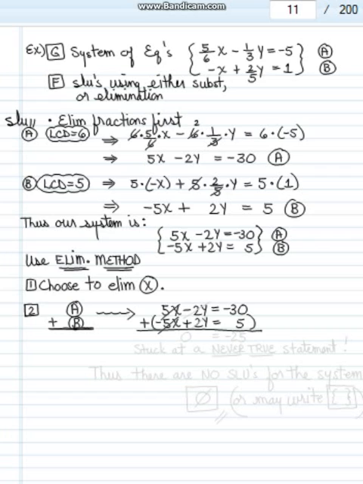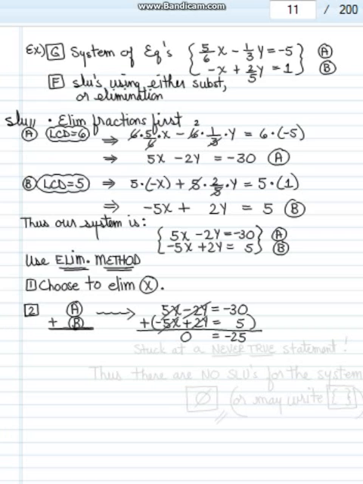But look what happens to the y's, something that we didn't expect. Negative 2y plus 2y is 0, so those also cancel each other. I didn't expect that to happen. That means the entire left side is going to be 0. Bring down the equal sign, add the right side, negative 30 plus 5 is negative 25.